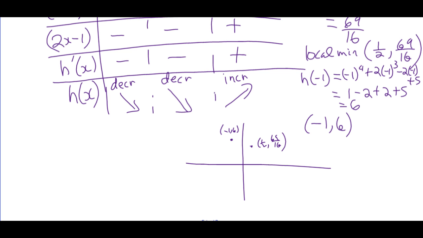Okay, so what's happening? Well, it's decreasing to here. Decreasing, decreasing, decreasing, flattens, decreasing, and hits a local minimum, which means you can't drop down below that. So it flattens out, decreases to here, and then increases. Okay, so that's kind of what our curve is going to look like.